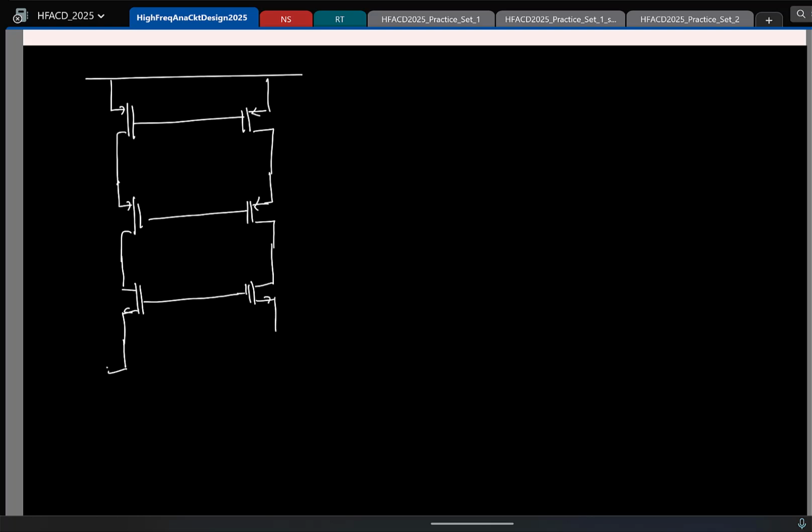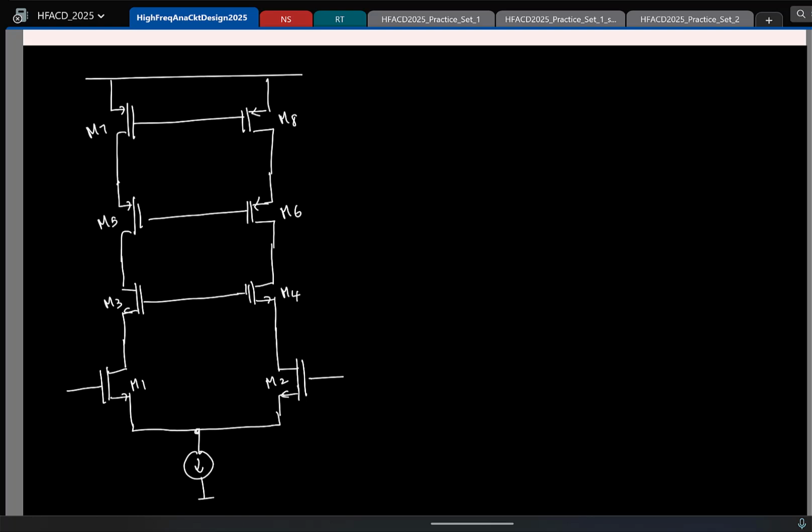And then the final transconductor, which is taking the voltage and converting it to the current. Let me label these M1, M2, M3, M4, 5, 6 and 7, 8. And again, just to make it clear, the top one is the PMOS current source, the main current source, remember.